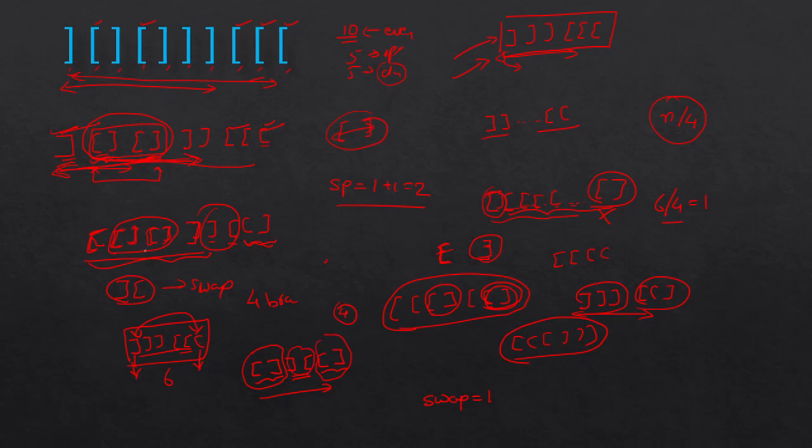You can see that whenever we are removing balanced strings, we are always removing in pairs, and n is already even. So whenever we are remaining, we are always remaining a pair, like 2. If n is already even and you are subtracting something even, the final result will always be even. So this sanitized string that we'll be getting will always be even, and we are working in units of 4. One swap will remove 4.